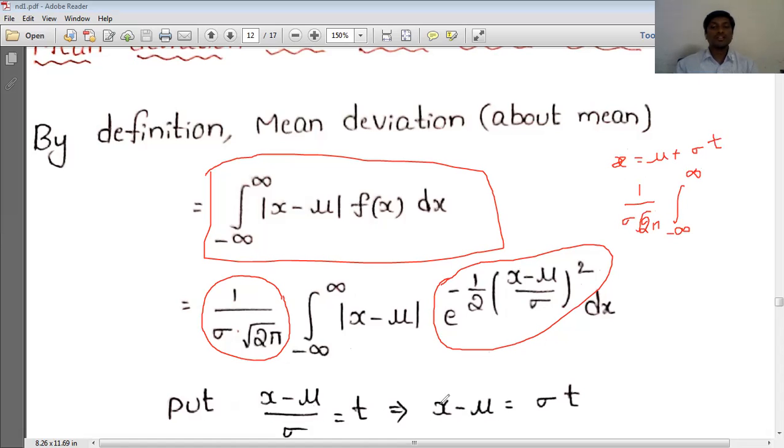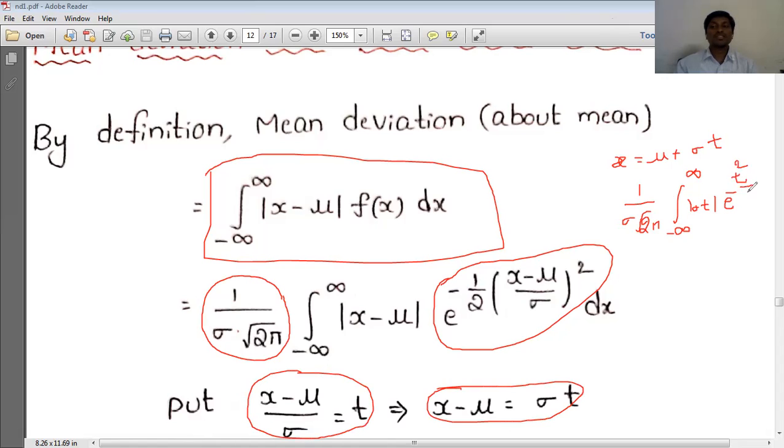If you observe this, x minus mu is equal to what? Sigma t. So for that we are substituting mod sigma t, e power minus, what we chose, x minus mu by sigma is equal to t. So if you substitute in that, what do we get? e power minus t square by 2.